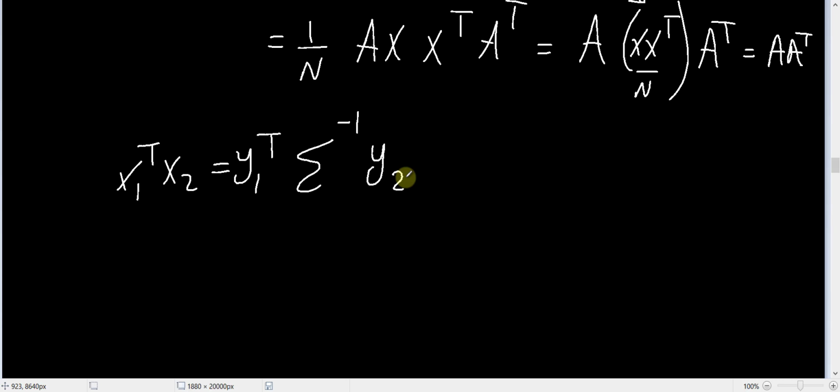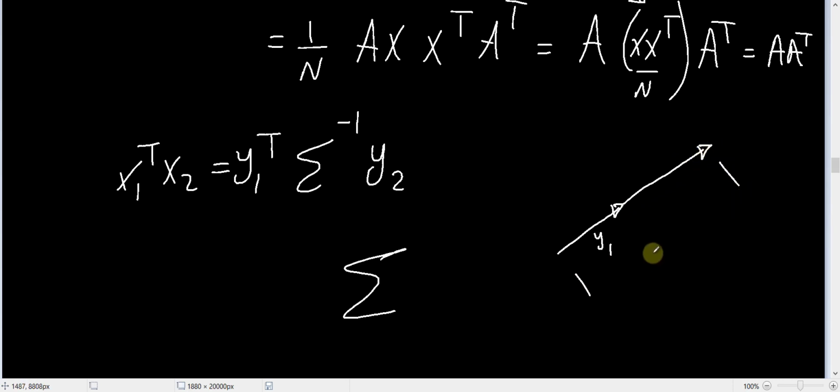The eigenvectors of a matrix are the same as the eigenvectors of the inverse of this matrix. It is actually easy to prove such a statement in many ways. One way to prove this statement is that we know intuitively that the matrix sigma, if applied on one of its eigenvectors, let's say y1, will scale this vector by an amount of lambda, reaching lambda y1 vector.